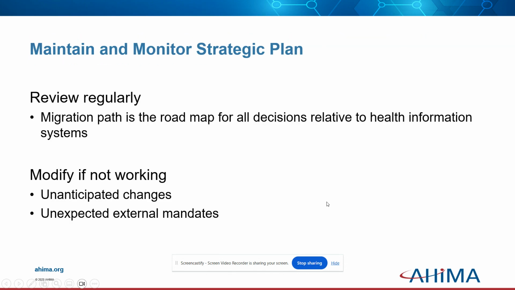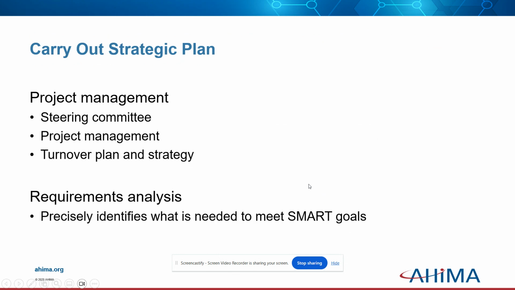We want to maintain and we want to monitor, so we have to review regularly. Bottom line, if it's not working, we want to modify. And then we need to carry out the strategic plan.